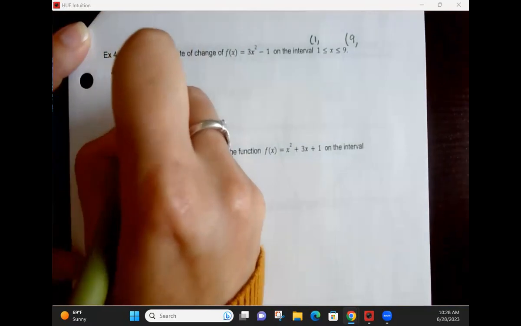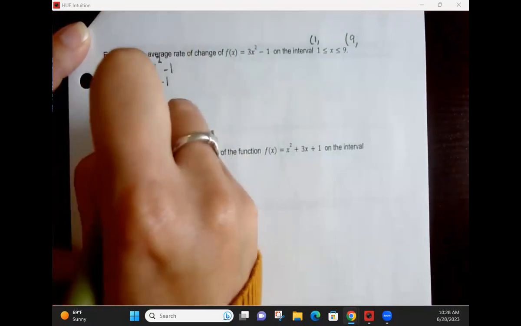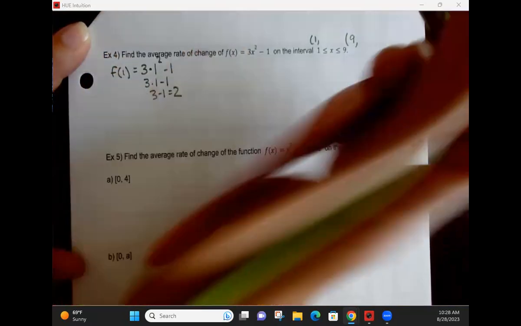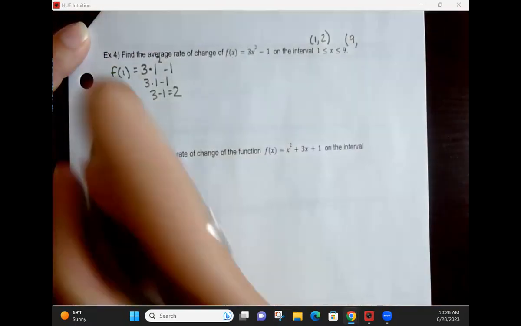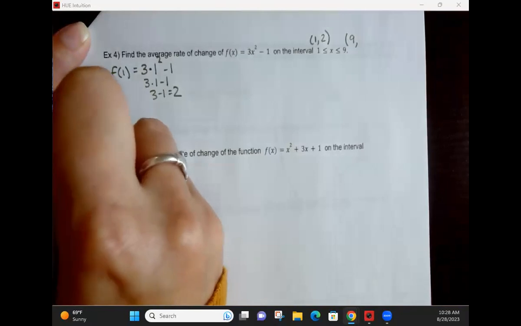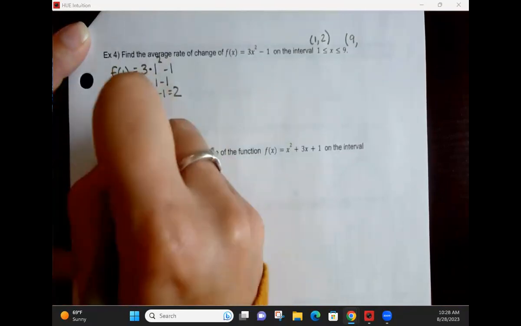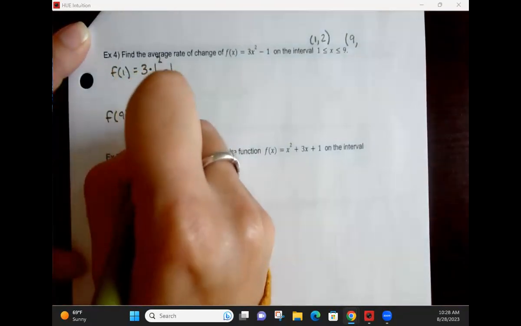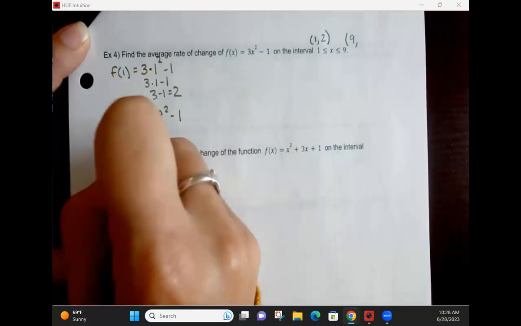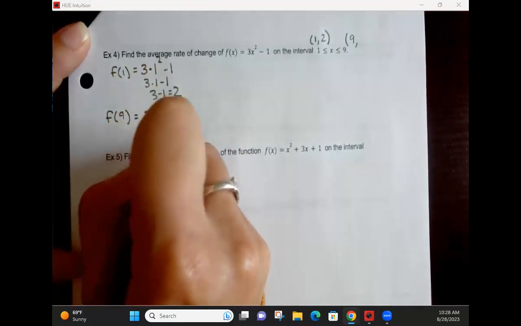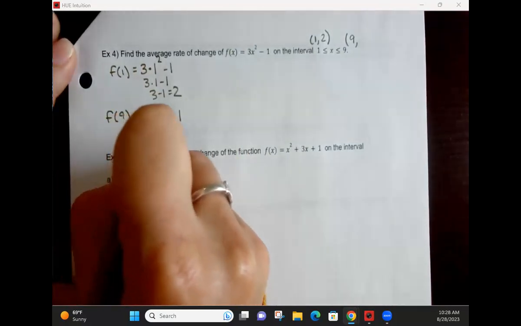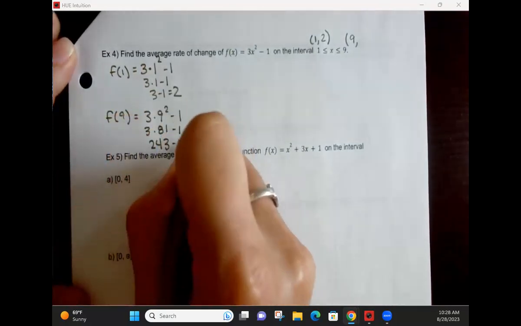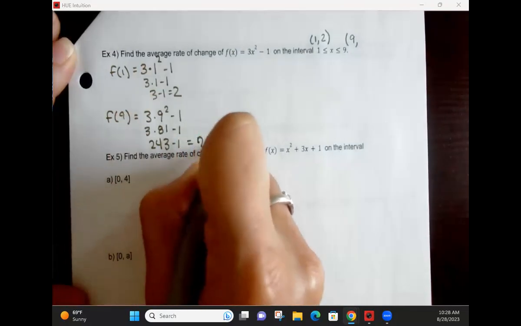So that's 3 times 1 minus 1 gives us 2. So I have the point 1, 2. And then I also need to find f of 9. So that would be 3 times 9 squared minus 1. So 3 times 81 minus 1. That would give me 243. Subtract 1, 242.